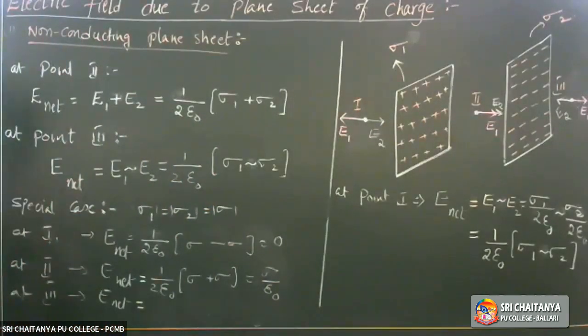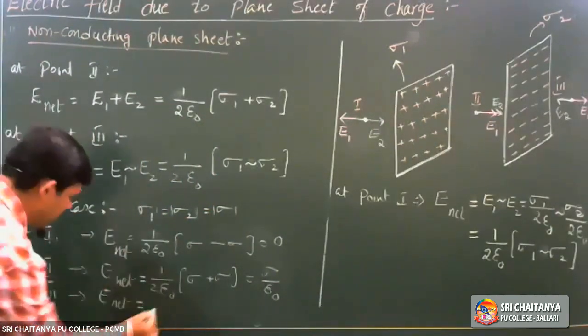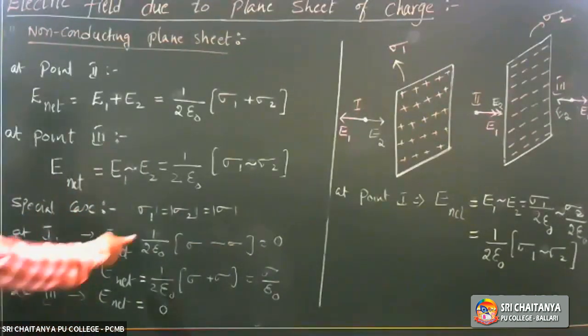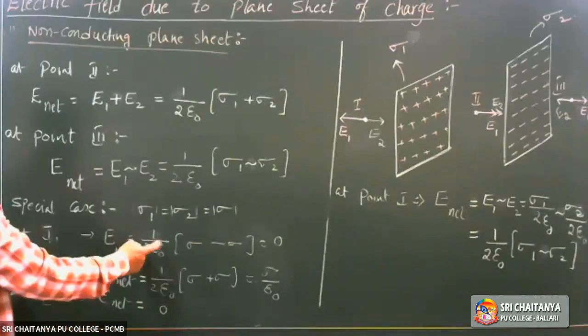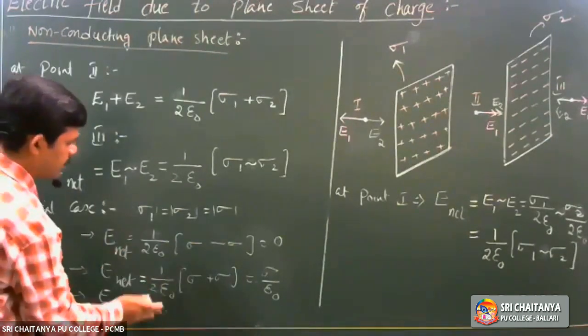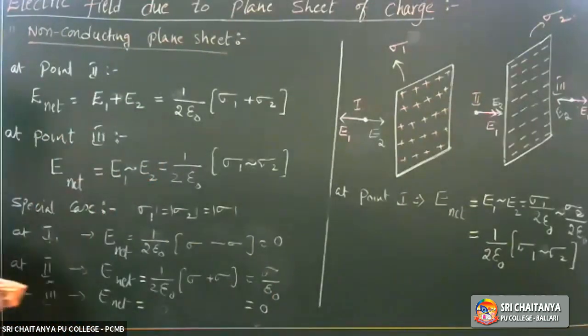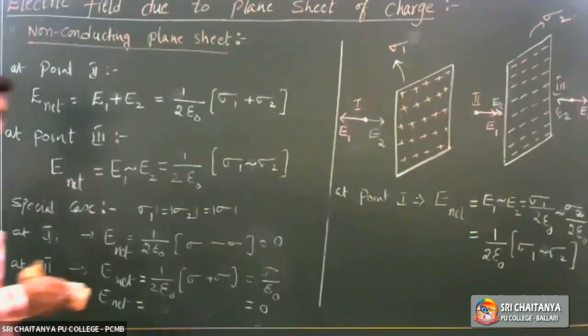At the third point also, they are opposite, opposite in the sense 0. Right? Same thing repeats. So the answer is 0 because they are opposite. Okay, this is the way to do it.